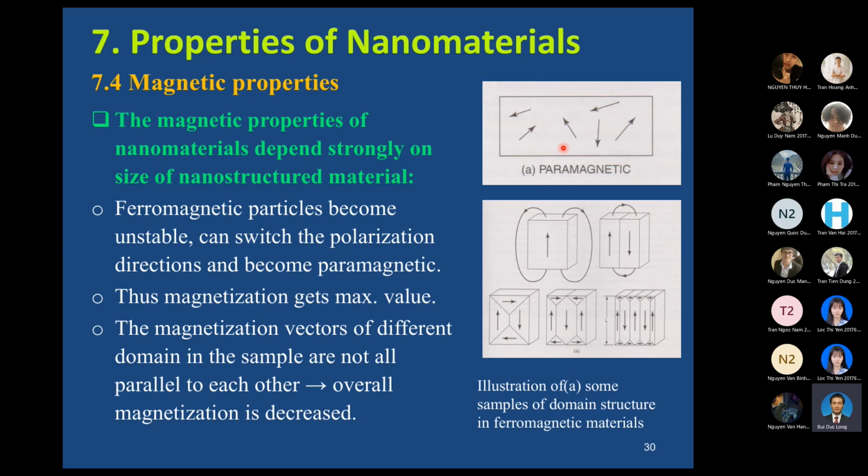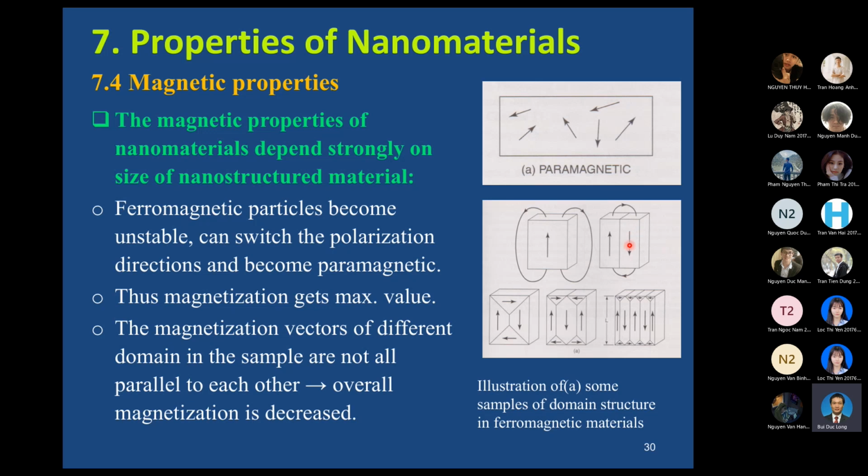So what happens when we scale down to a nanoparticle? First of all, one vector of magnetization can be stored in one nanoparticle.